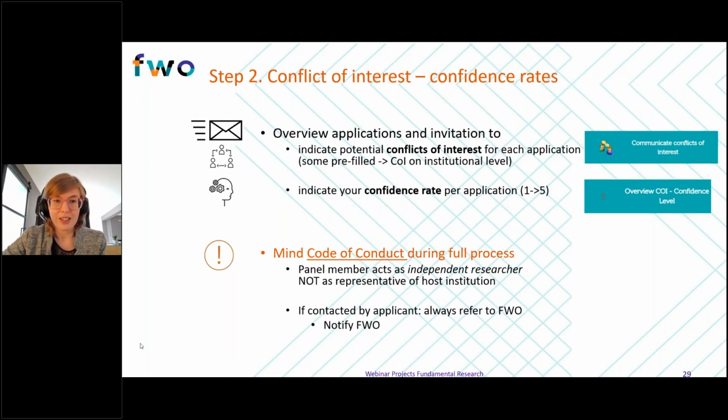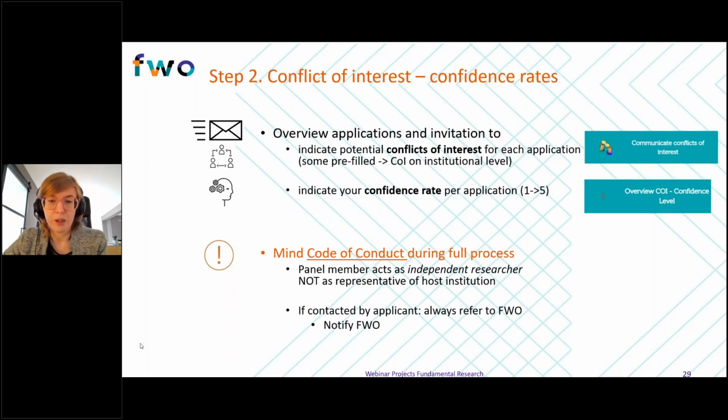Here, I would like to stress that it's important to mind the code of conduct as a panel member during the full process. So as a first point, as a panel member, you act as an independent researcher and not as a representative of your host institution. So not a representative of the university you belong to. So if you're contacted by an applicant, always refer them to the FWO.